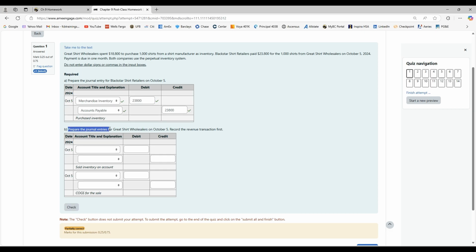Okay, so let's see. Prepare the journal entries for Great Shirt Wholesalers. So these are the ones who sold the shirts to Black Shirt. So like I just mentioned, we're going to have accounts receivable and we're going to have sales revenue. So a little different. We've seen service revenue primarily in the past.